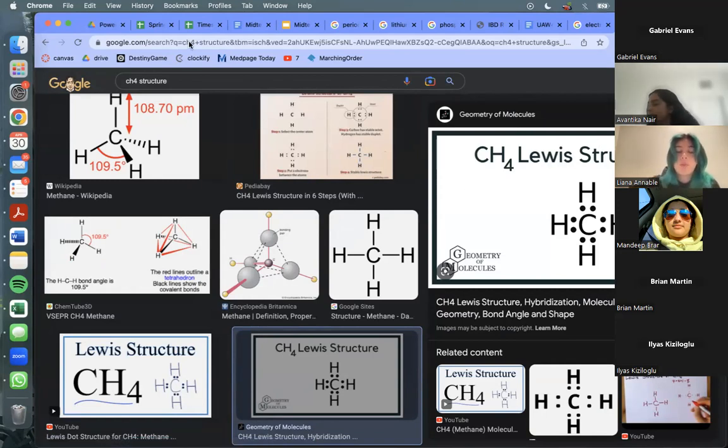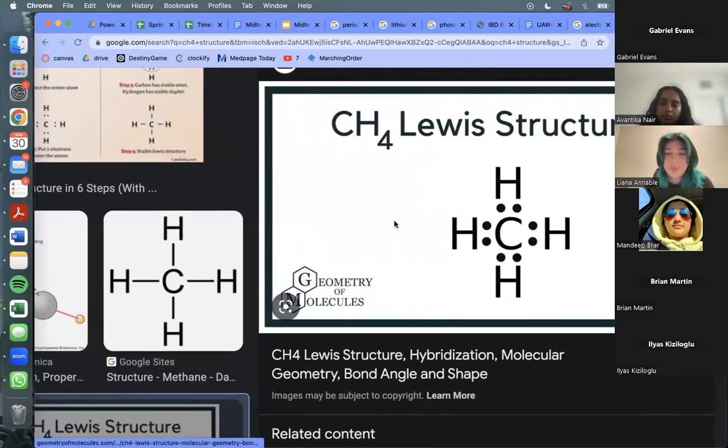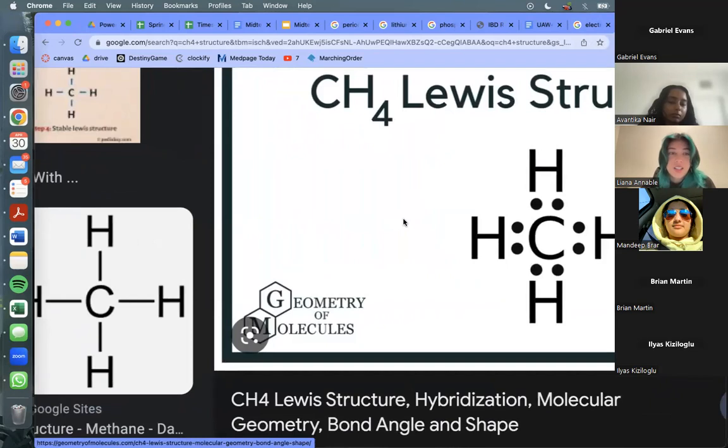Does anyone remember the name of the structure that this is? Tetrahedral? Yeah, I heard people say tetrahedral. Exactly, perfect. So this is a tetrahedral. And what are some things about a tetrahedral?